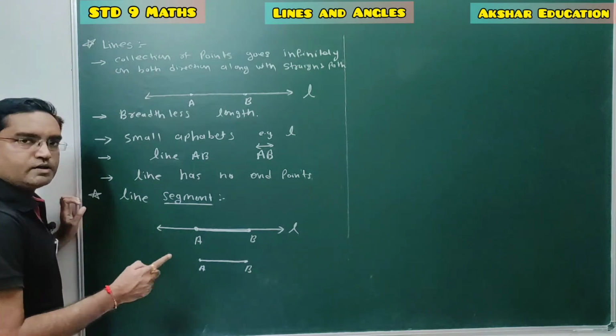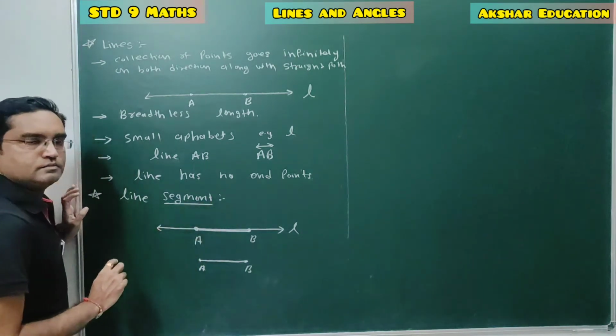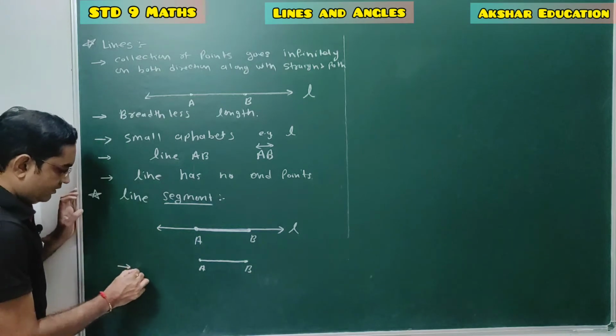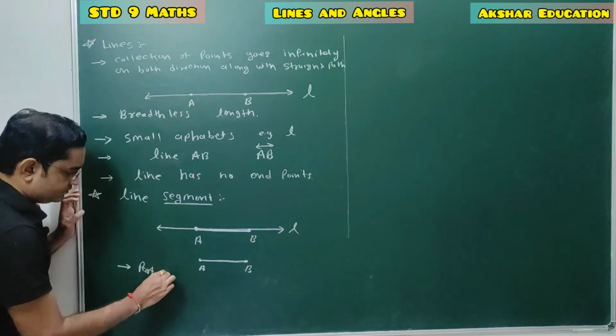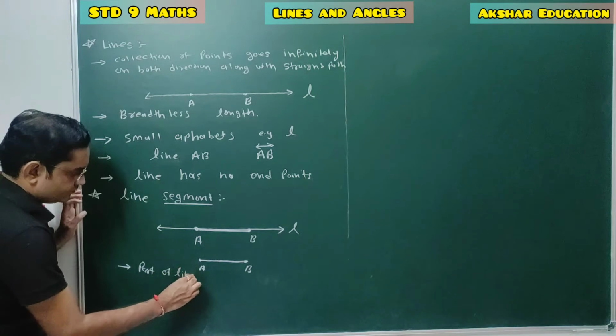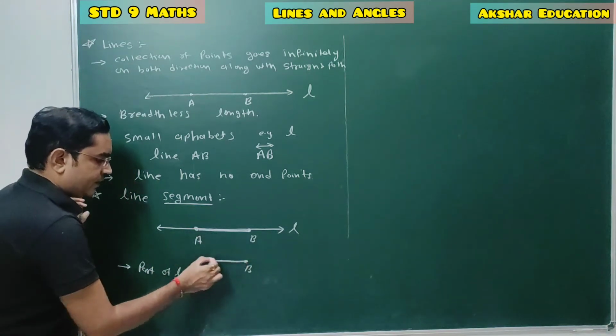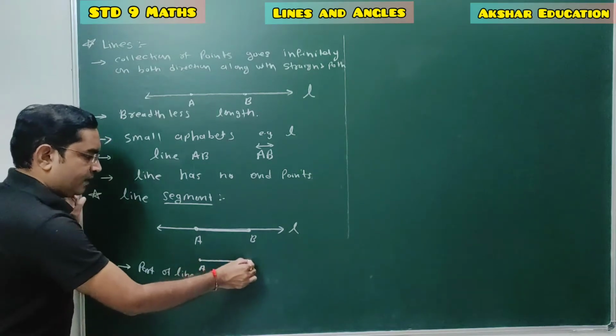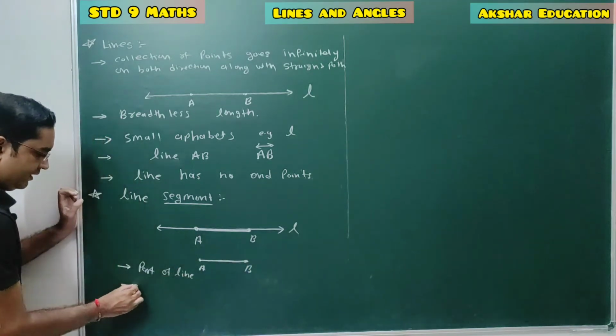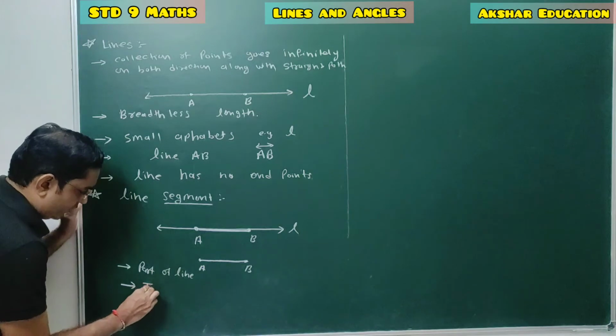So a line segment is nothing but the part of the line. Clear? So what is a line segment? It is the part of a line. And now if we consider that part, a line segment has two endpoints. Any line segment has two endpoints.